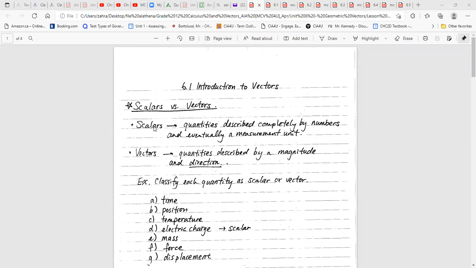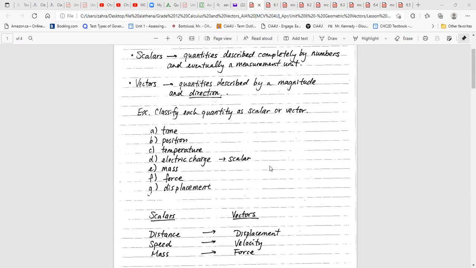Also like mass. The mass of an object is just a number, like 5 kilograms. It doesn't have any direction. A vector is a quantity that has a magnitude, which is a number, but it has a direction as well. So it's like 2 meters per second to the west or 5 meters to the east. So they have a magnitude and direction.